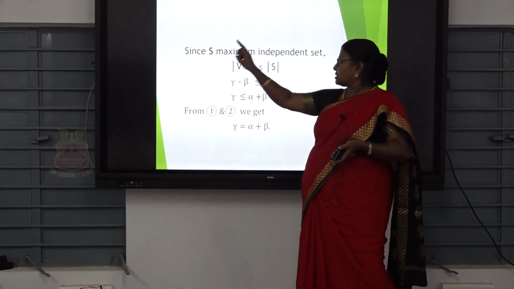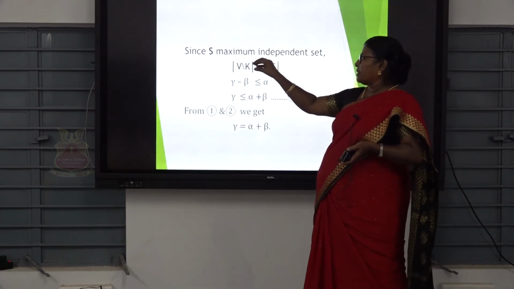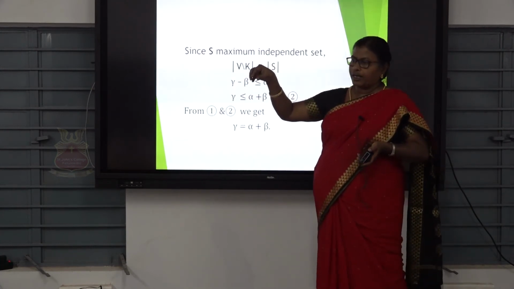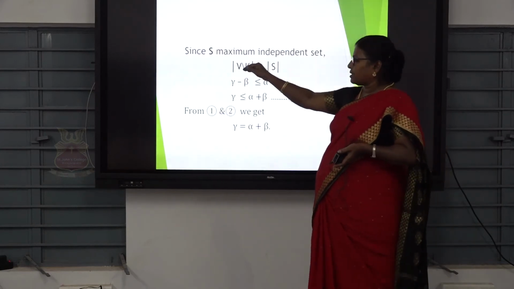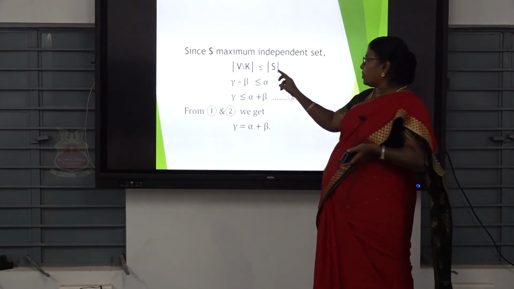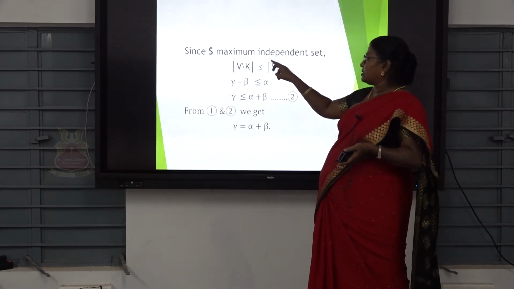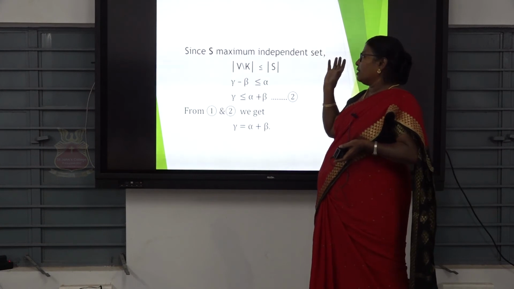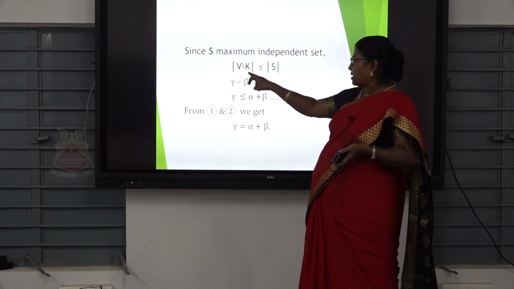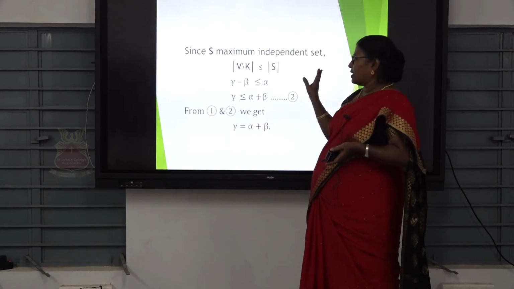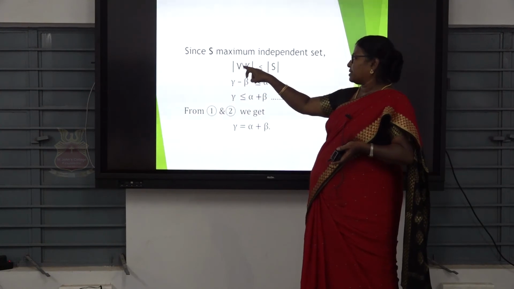Now since S is a maximum independent set, any other independent set will have fewer elements than that. K is a minimum covering, so V minus K is an independent set, but S is a maximum independent set. Hence the number of elements in S will be greater than or equal to any other independent set. So modulus of V minus K will be less than or equal to modulus of S. Now, what is the number of elements in V minus K?